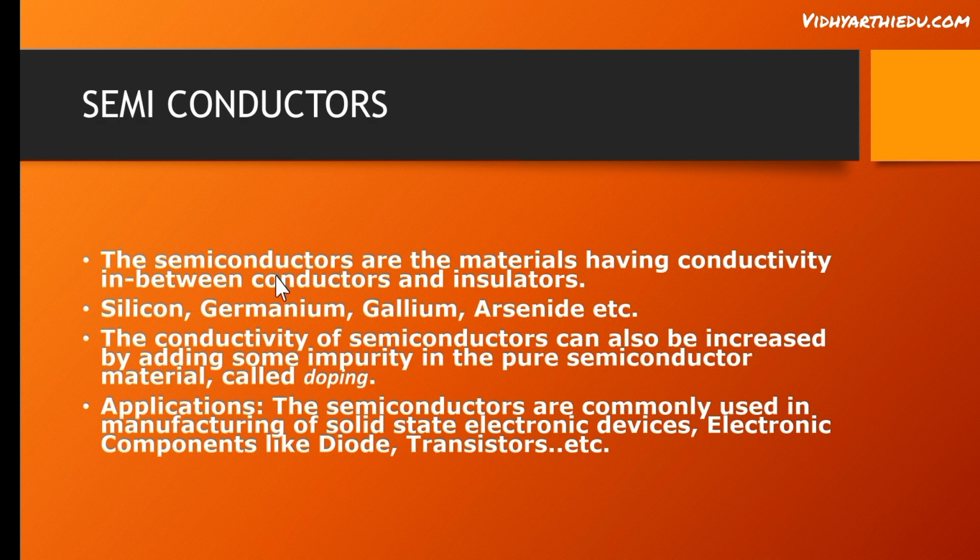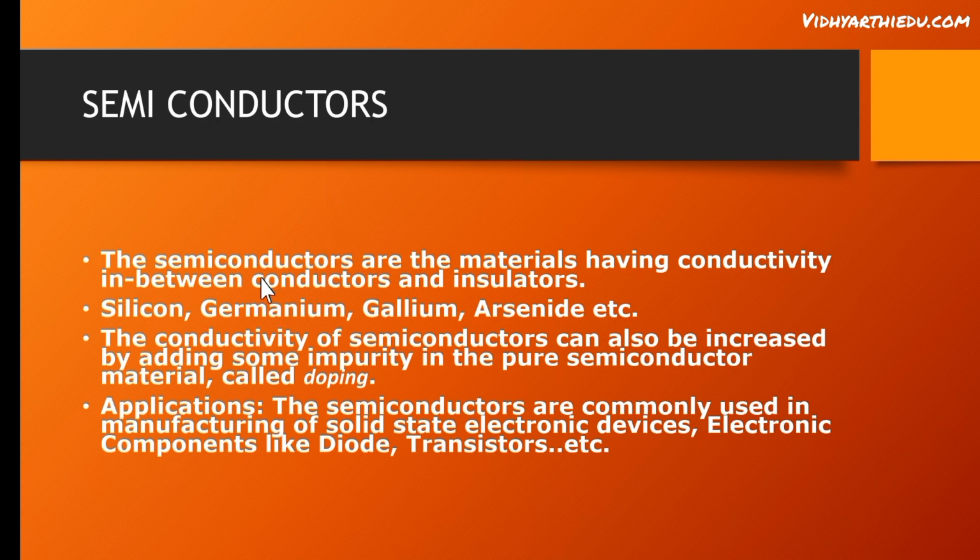Conductors will allow the electric current to pass through, and insulators will totally block the flow of electric current. So in between conductors and insulators, there is a middle property known as semiconductors, which means they will allow the flow of electric current partially.